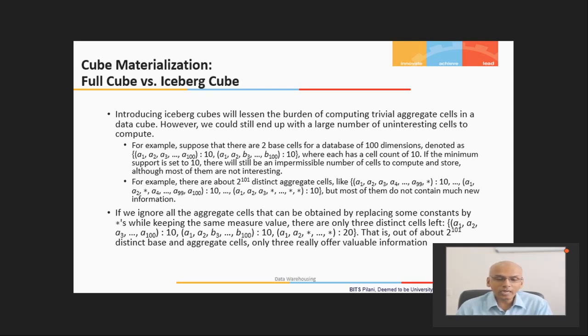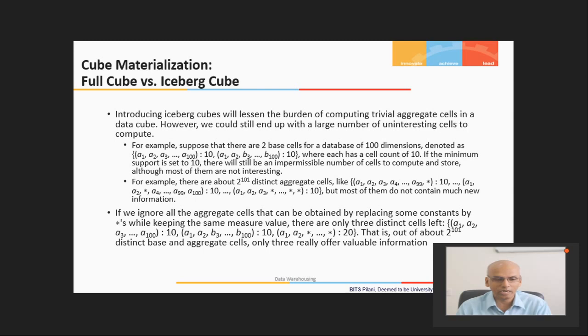If you look at a different situation here, you've got 2 base cells representing again 100 dimensions. In the first case, you have a value of 10, and in the other case, you also have a value of 10. But you can see that the dimensions have some overlap.